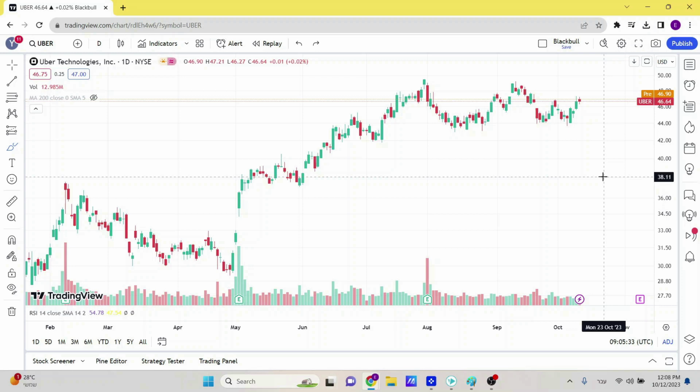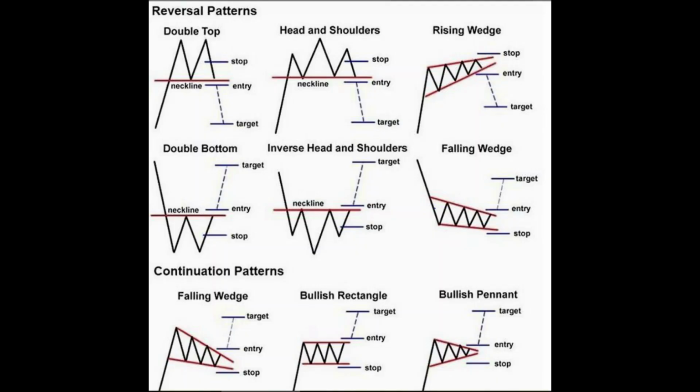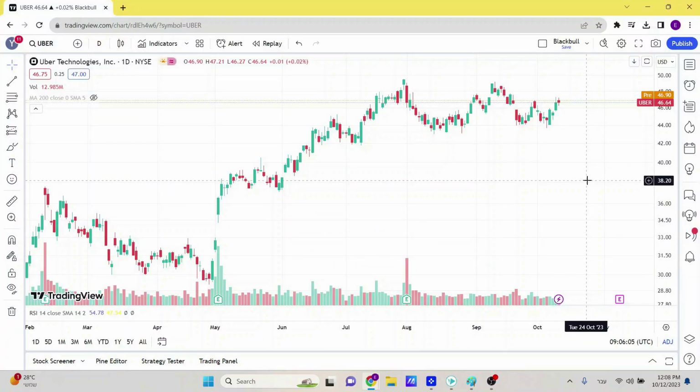Even when the RSI shows you that the stock should reverse, and you get in the reversal pattern, it can still go against you. But if you don't have a strategy that is repeatable and easy to analyze, it will be hard for you to understand where and when you made a mistake.